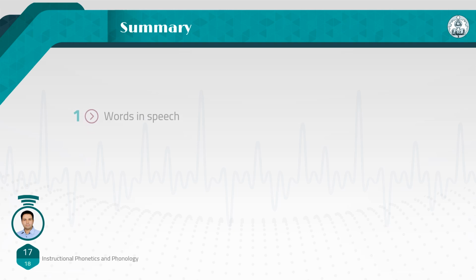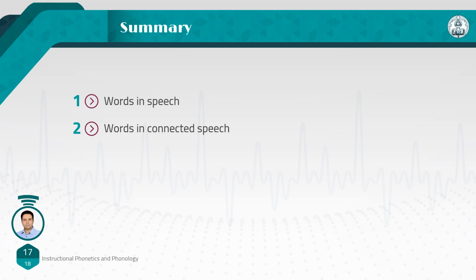We began this session with words in speech, citation form, and connected speech. Next, we talked about words in connected speech. I showed you a spectrogram of a connected speech, and then I asked you to see the difference between the two opposites in that spectrogram.